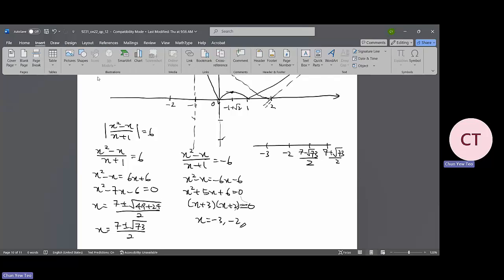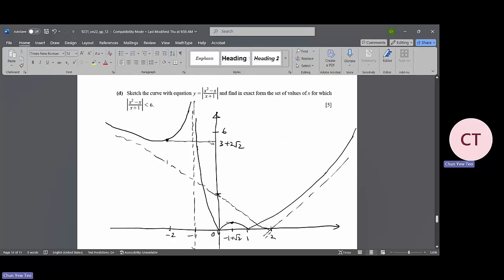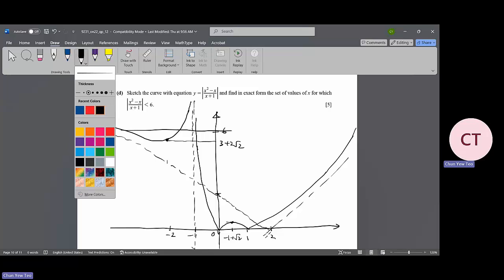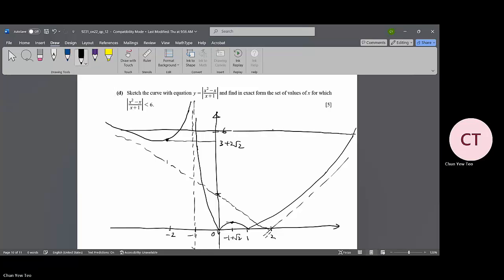You can see that just now I drew the 6 over here, right? We want the 6 to be greater than the graph. So this portion, the 6 is greater than the graph, and this portion also.